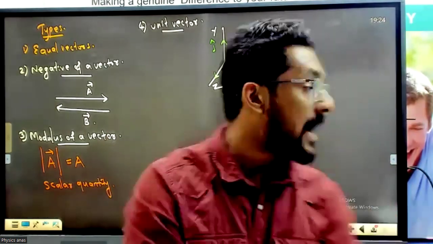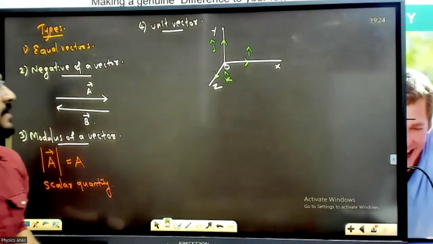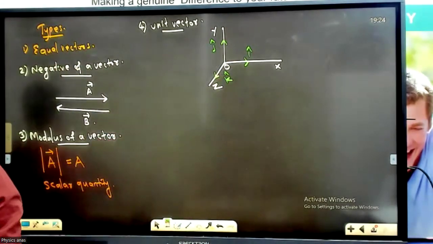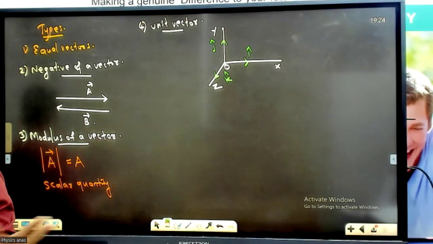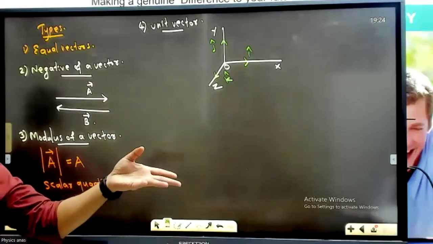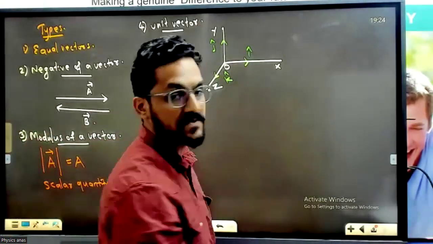You got it? And draw this figure. This is showing i, j, and k cap. They are the unit vectors in the direction of x, y, and z. Okay, draw this diagram, draw this figure.